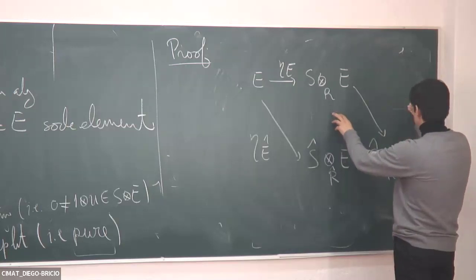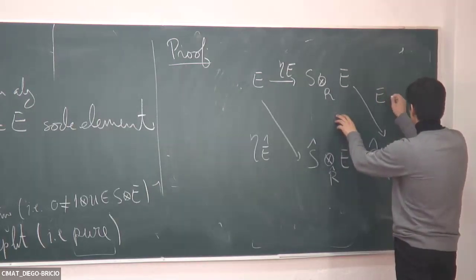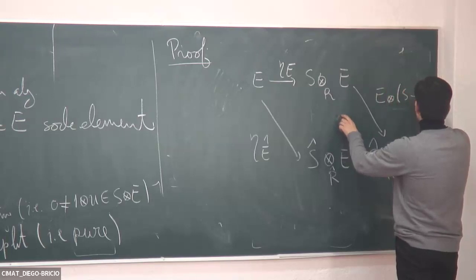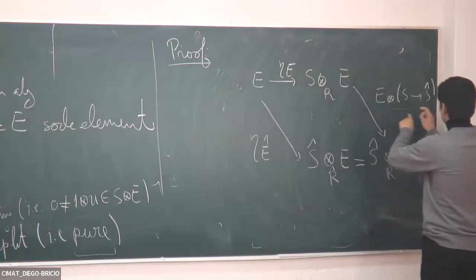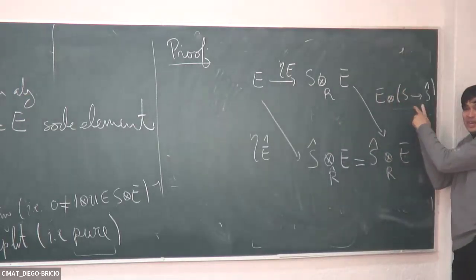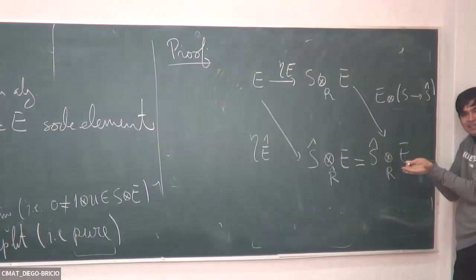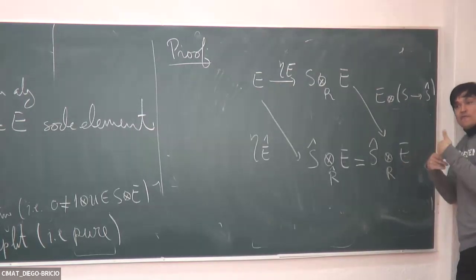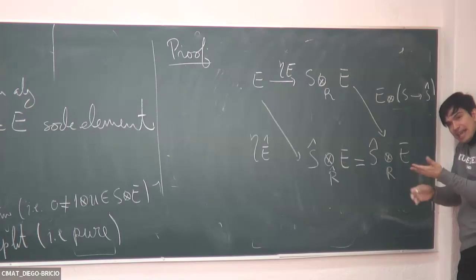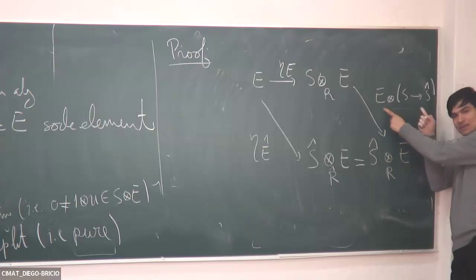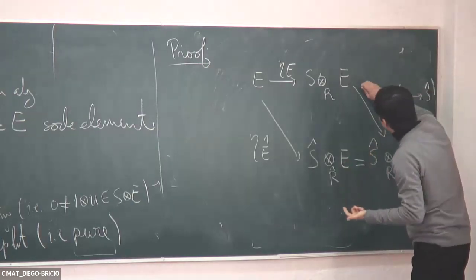It's just E tensor S to S hat. But S to S hat is what? It is faithfully flat and therefore is pure, and therefore this map is injective. There you are.